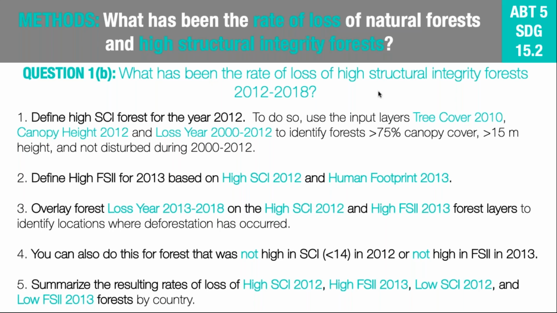So basically, we use those data layers and select forests that have canopy cover above 75%, above 15 meters height, and that have not been disturbed between 2000 and 2012. So these are the high FSII forests at that time period.